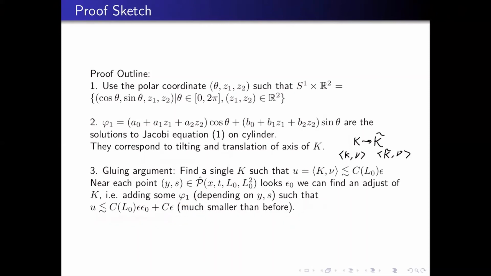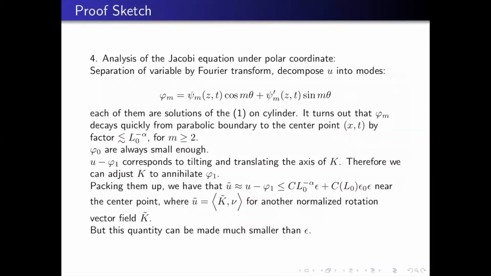And then with this set up, we can do some analysis of the Jacobi equation under polar coordinates. Our geometry ensures that this equation would be very similar to those on the cylinder.